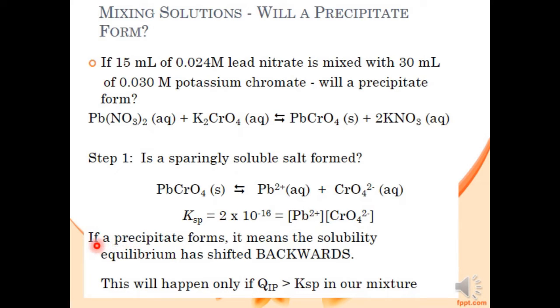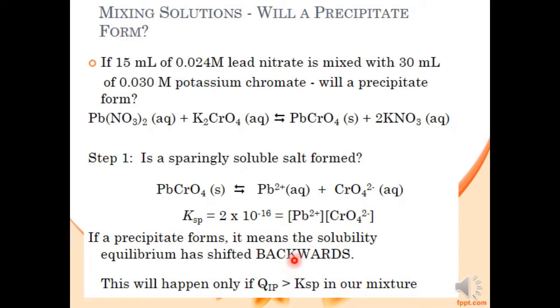So what is the rule of thumb for a precipitate to form? If a precipitate forms, it means the solubility equilibrium has shifted backwards. This will only happen if Qsp, the ion product, is larger than the Ksp value.